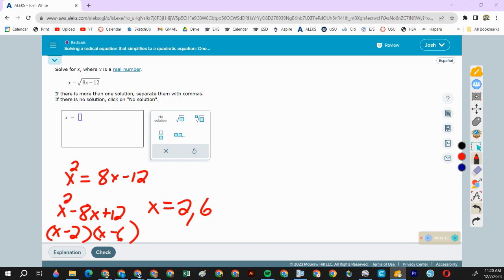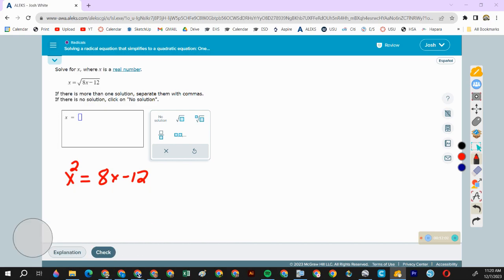Look at the original equation. If I put a 2 here, am I okay? Can a square root equal 2? Yeah. What if I put a 6 here? Am I okay? Yeah. What if my equation was x squared minus 2x minus 8?